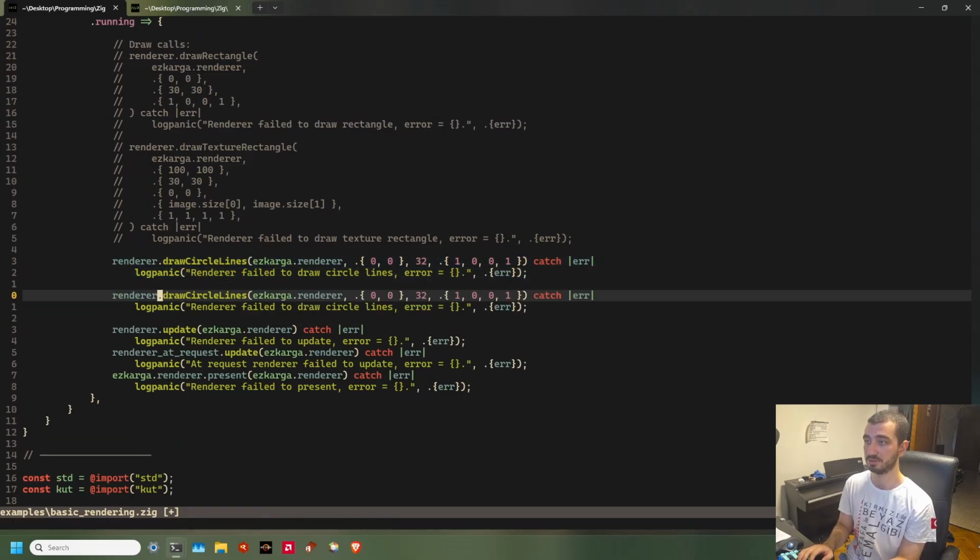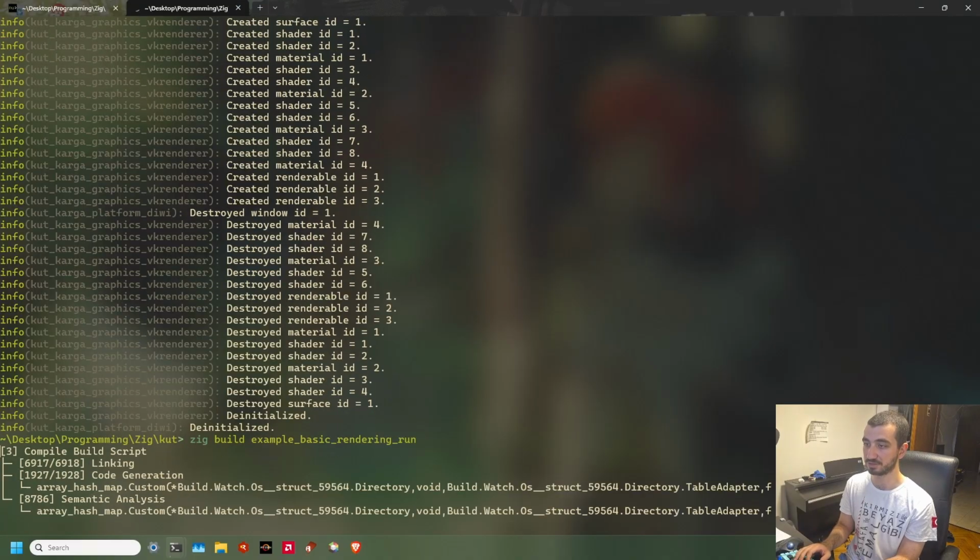So let's call this draw circle, just circle, and this is going to be like 200 and let's say 500 or something, and now let's make the radius like 100. It's going to be too big though, so let's make it 50, and let's make it this color, whatever that is.